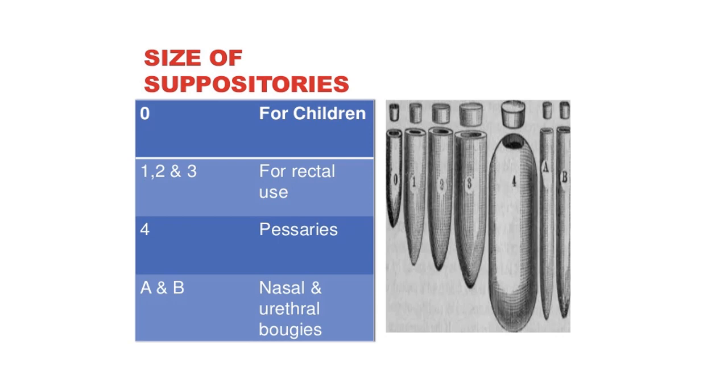The biggest one is the pessary, number 4. A and B, you can see, are thin and cylindrical in shape, intended for nasal and urethral use, and are called nasal and urethral bougies.